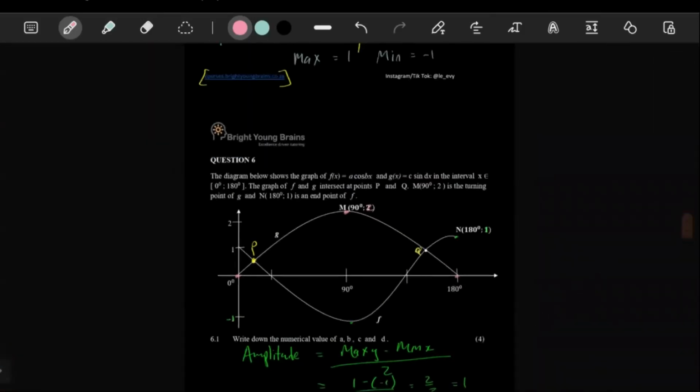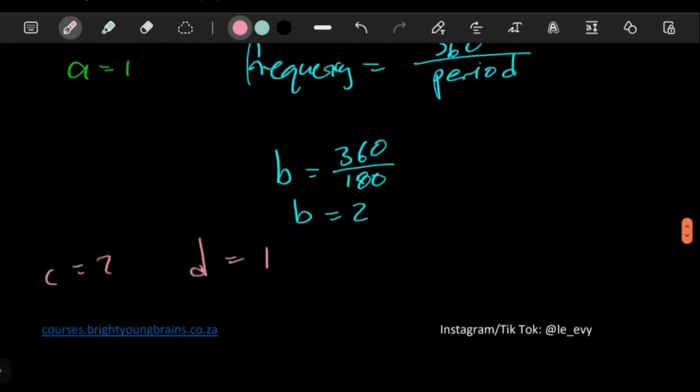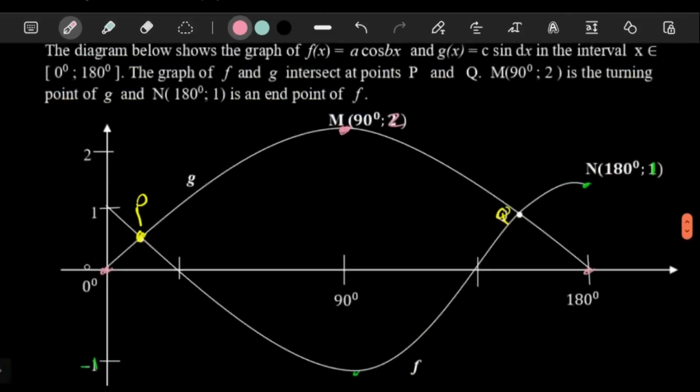So in a space of 360 you just have one graph, because a standard sine graph looks something like this: there's 0 there, 180 in the middle, and 360 at the end.